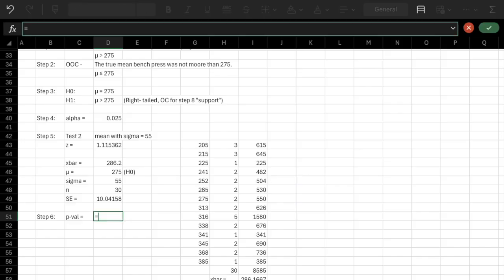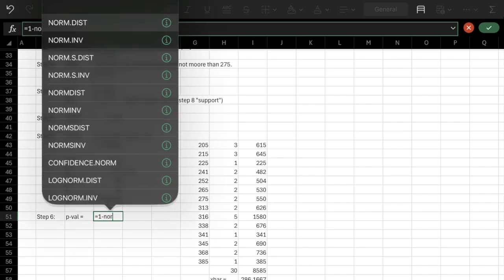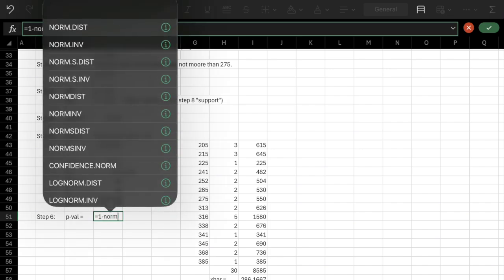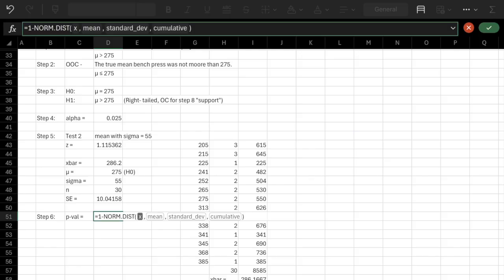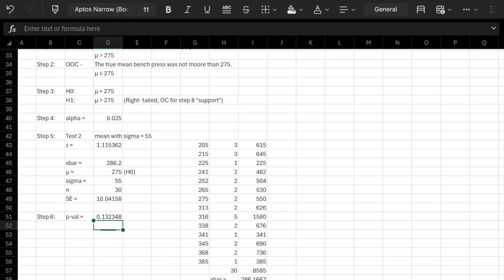So this is going to be 1 minus norm dot dis, with the x value being my z-score. The mean is 0, standard deviation is 1, because it's a z-score, right? And those are always standard, normal, distributed. All right, I'm going to press enter. There it is, 13%.